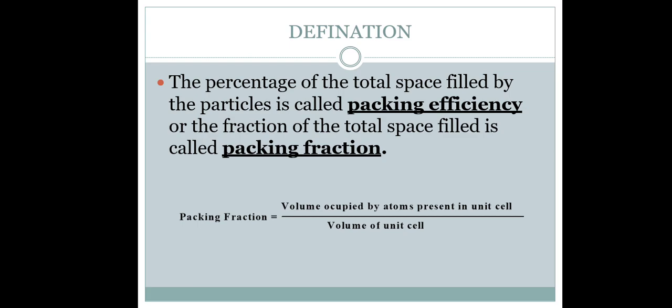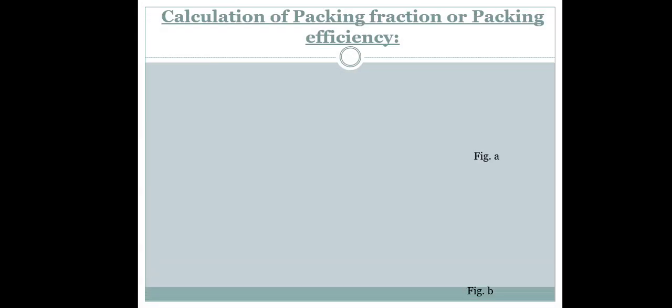If I know the total volume and out of the total volume how much is occupied, that fraction is nothing but packing fraction. Or if I want to convert it into efficiency, I just need to multiply it by 100 so that it converts into percentage. Okay, so let us try to do it for a simple cubic unit cell.